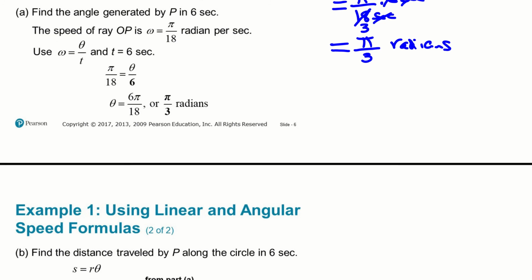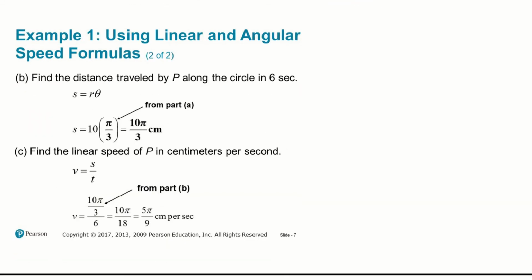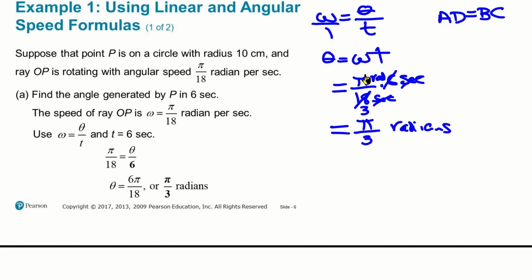All right, so as you know, this time we're going to be using the arc length formula because that's how much distance gets covered by the point when it moves around along a circular path, the arc length. So that's the formula that we use. If you go back to the original problem, the radius of the circle was 10 centimeters.